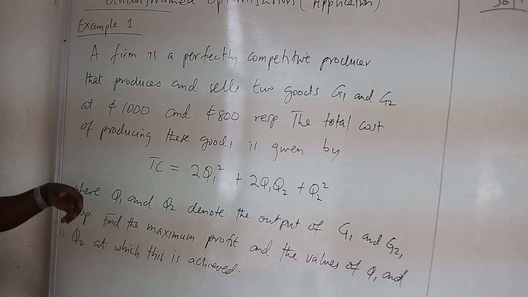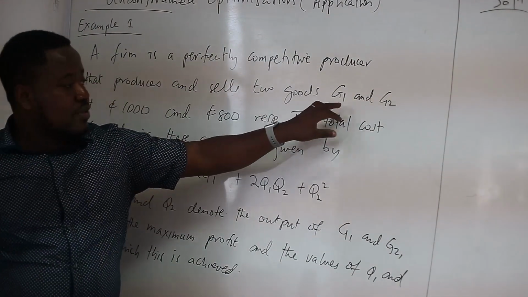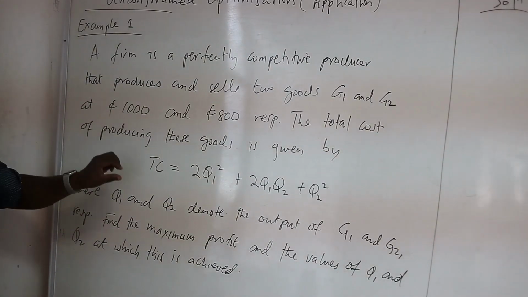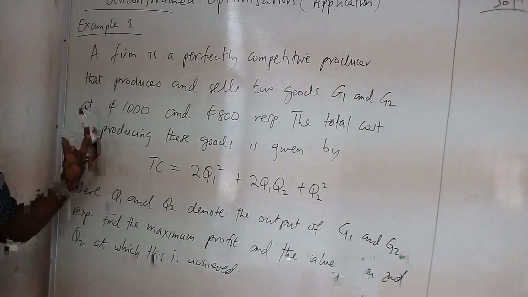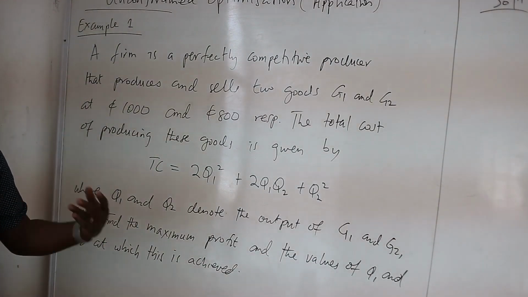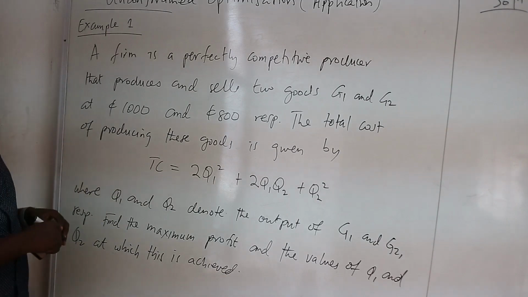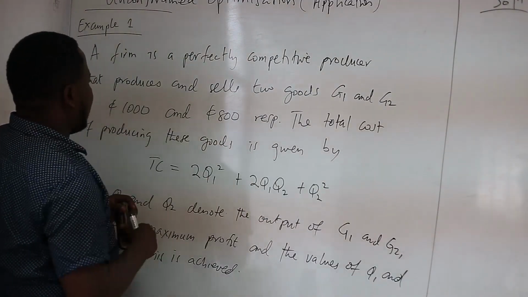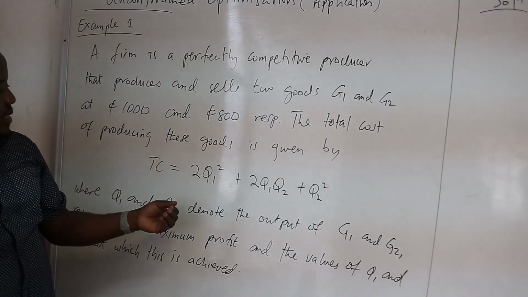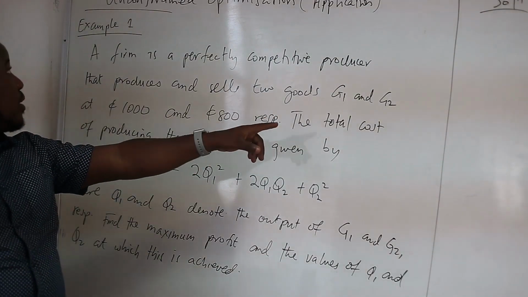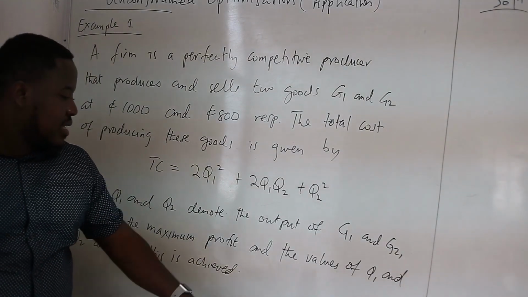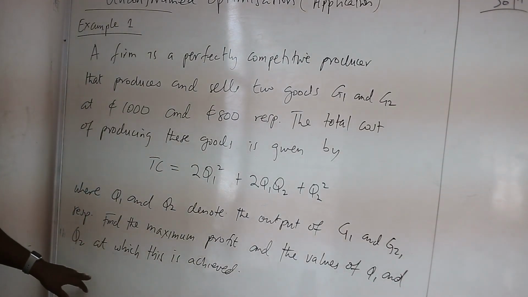You're producing Coca-Cola good 1, Fanta good 2. They use the same production line and all those things. So the total cost of the firm will be the labor and the electricity and all those things they use. So that's why we have this function, where Q1 and Q2 are just the quantities of good 1 and good 2 produced.